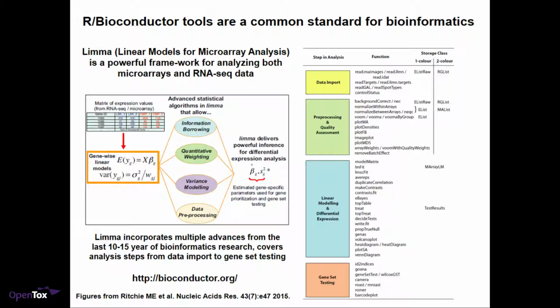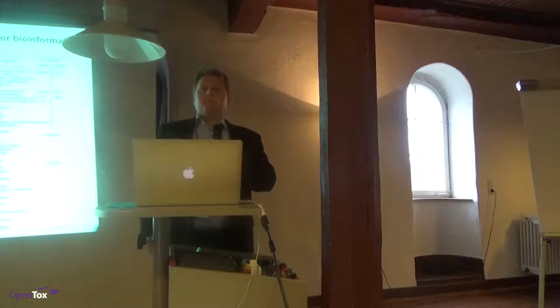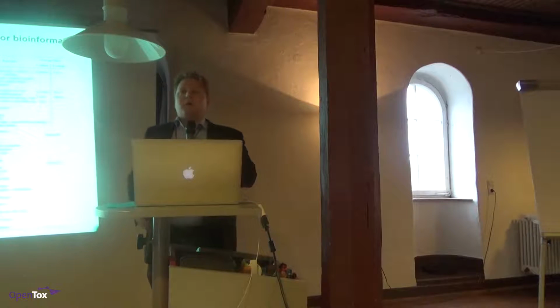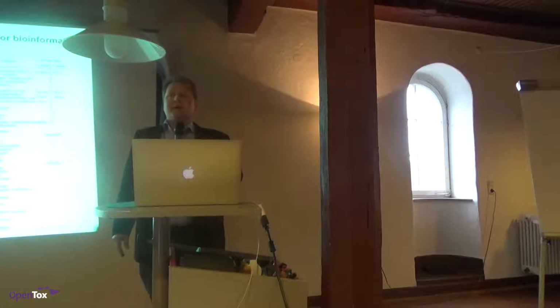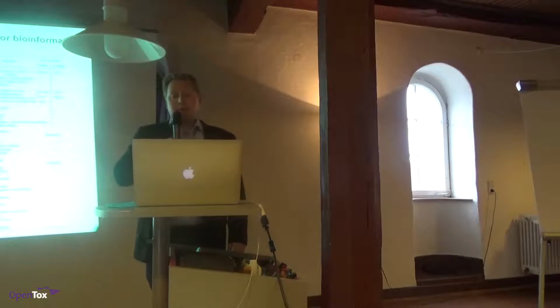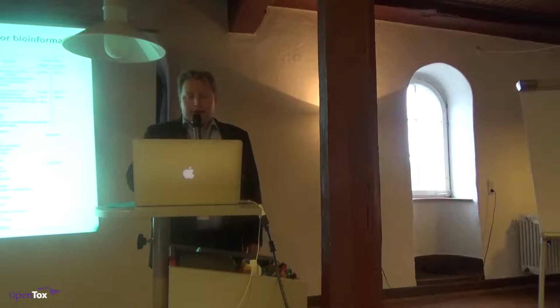So it's using Bayesian methods to try to figure out what the general gene-level variance is as a function of measurement intensity, so mean-variance modeling, and also including the quality control parameters directly into the linear modeling approach and other things.